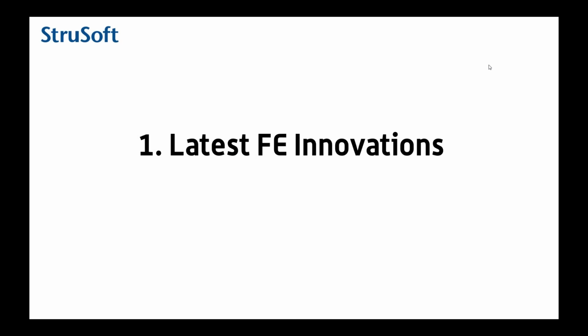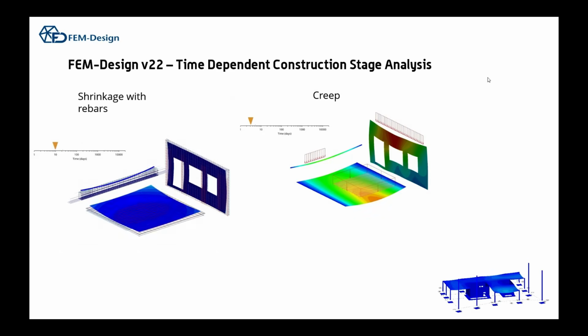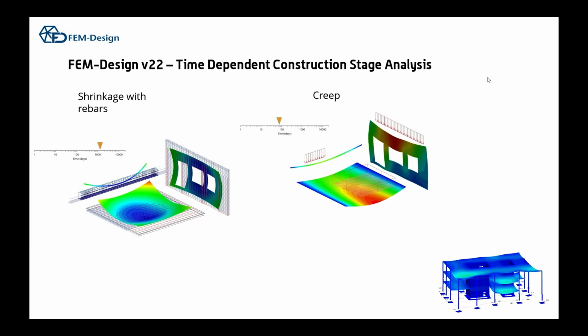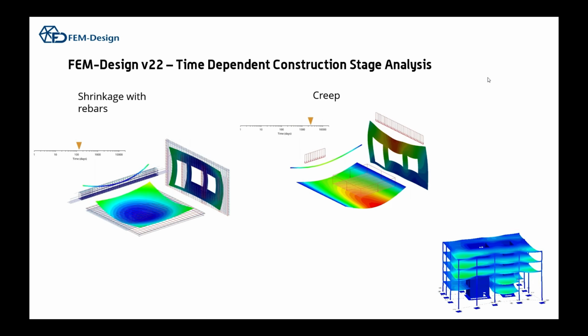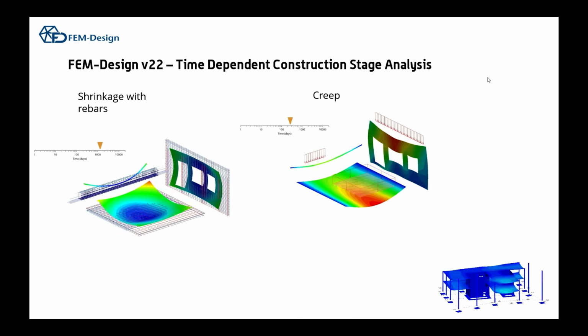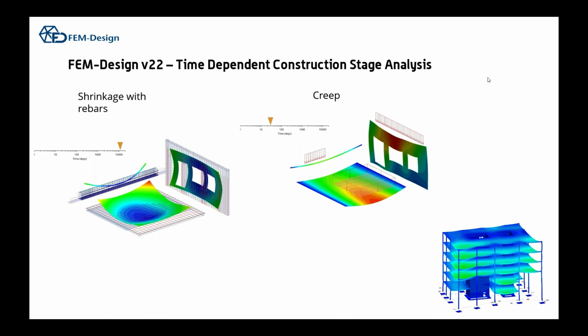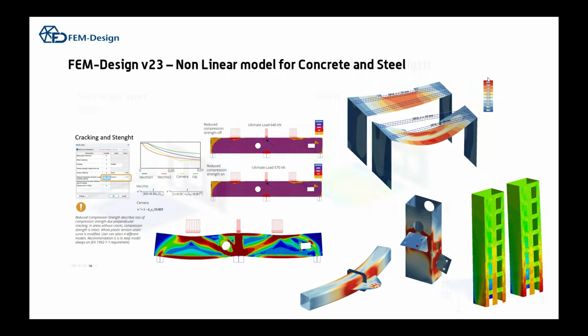So now we are talking about torsional warping, but first a few examples of what we have done lately. In our software FEM-Design in version 22, we did time-dependent construction stage analysis, and in version 23, we did a material nonlinear model for concrete and steel.